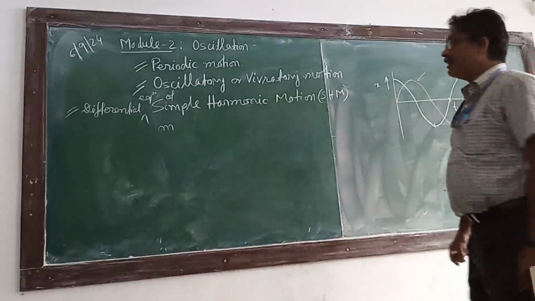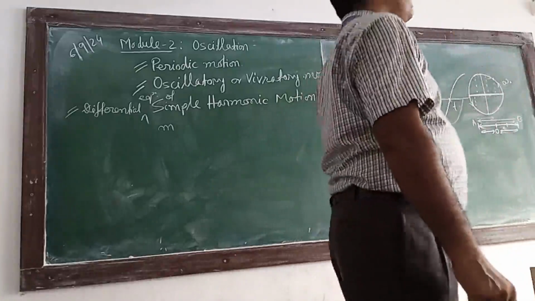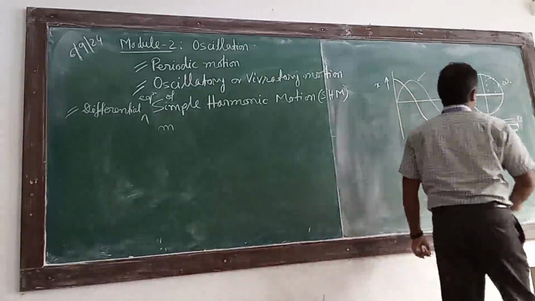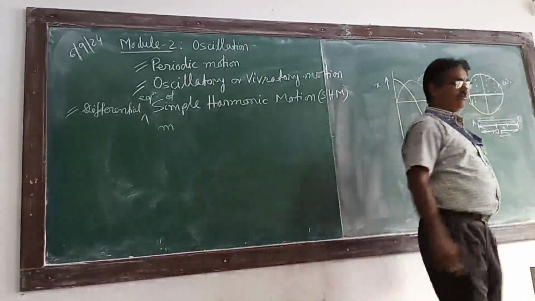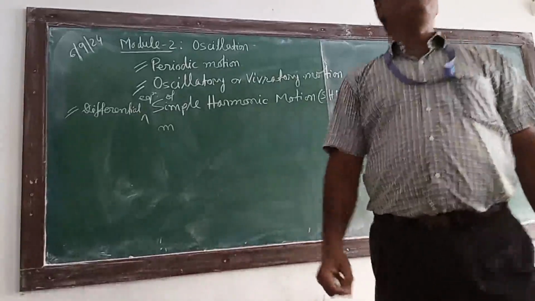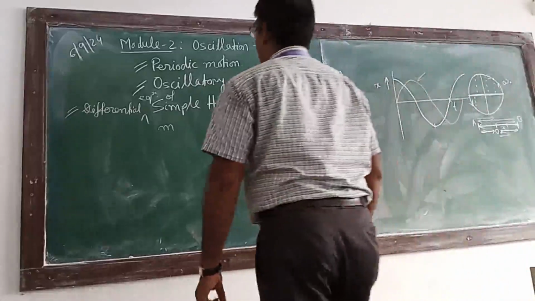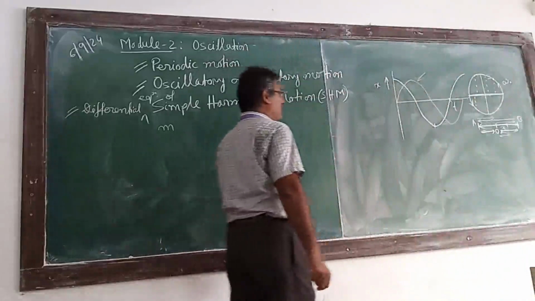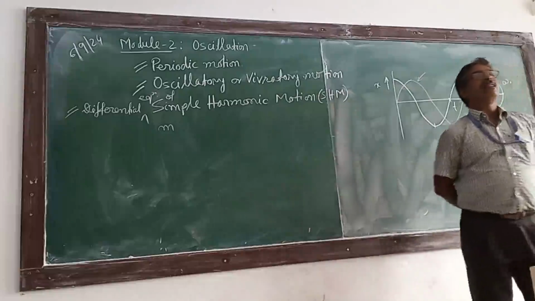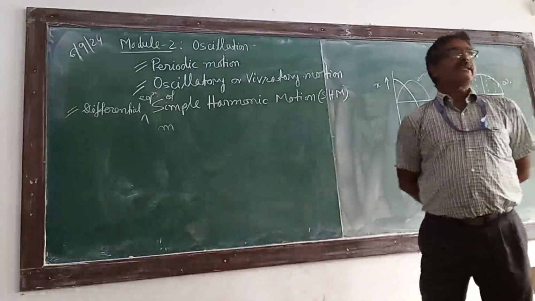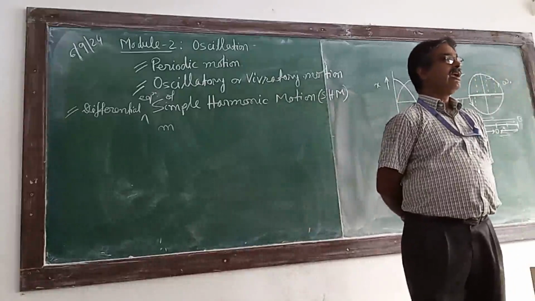If a particle of mass m is under SHM and at a time t, the displacement of the particle from the mean position is x.